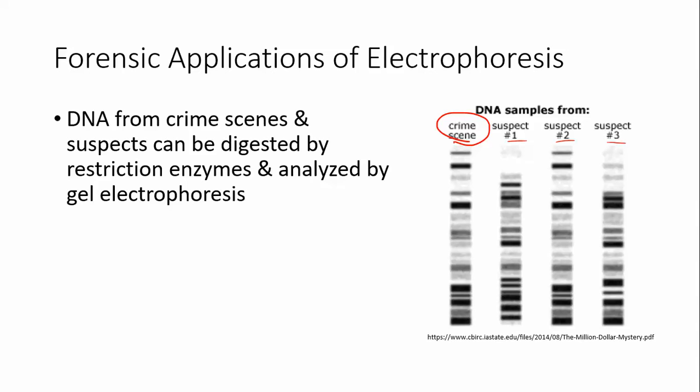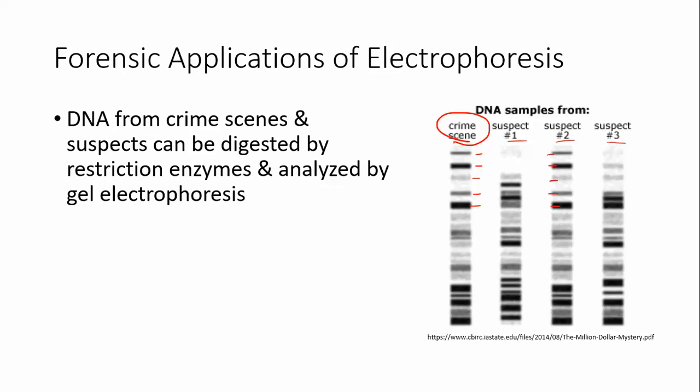These have all been digested with the same restriction enzyme. If you see the same pattern of fragments, then you'll know that these must have come from the same source.